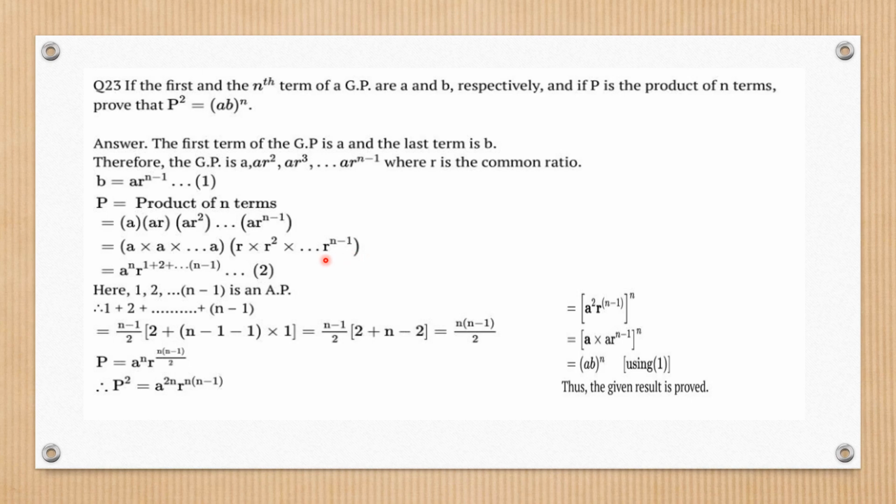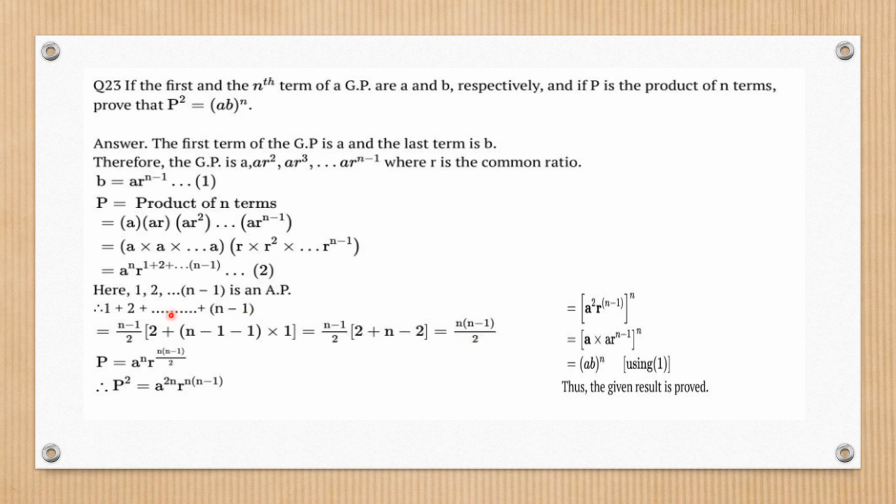Now this numerator is an AP, and you know the sum of the first n natural numbers is given by n into n plus 1 by 2. In that way I can derive the sum, or otherwise I can use the formula of sum also. Here, n plus 1 will become n, and this n will be n minus 1. So it is n into n minus 1 by 2. We have worked this out in AP also.